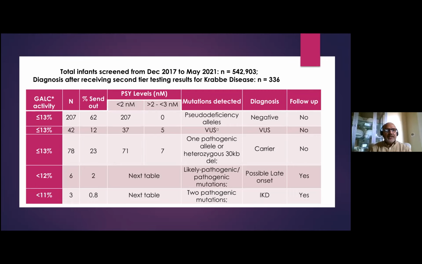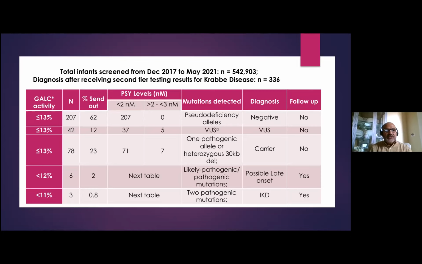Most of these, about 62% of the 336 specimens, had pseudodeficiency alleles and their psychosine level was less than 2. Because these have pseudodeficiency alleles and psychosine levels are not elevated, we call these a negative screen and we don't create a case.